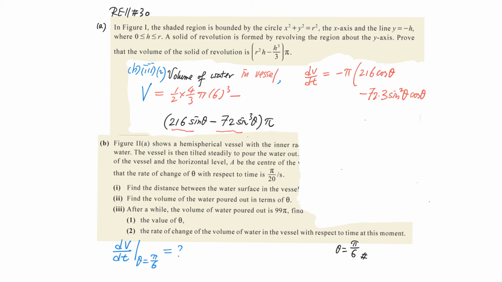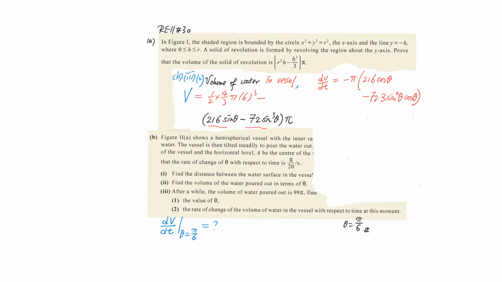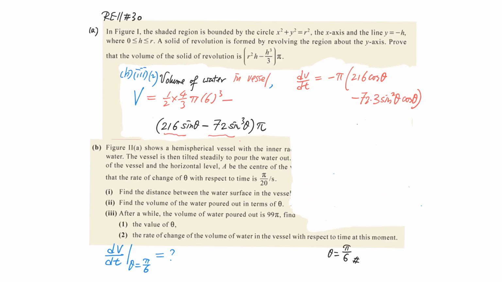And then don't forget we need to have d theta/dt. So put theta equal to that moment, that is pi over 6.